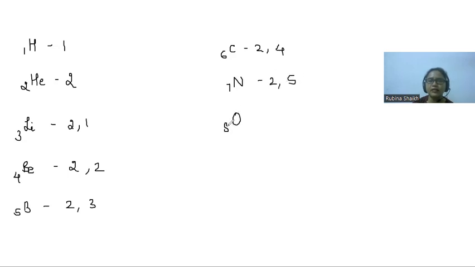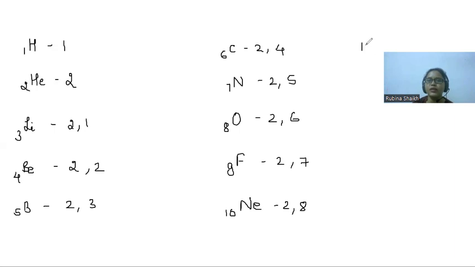Oxygen 8, 2, 6. Then fluorine 9: you can put 2 in the first shell and 7 in the next shell. Neon 10 is a noble gas, so it has electronic configuration 2, 8.